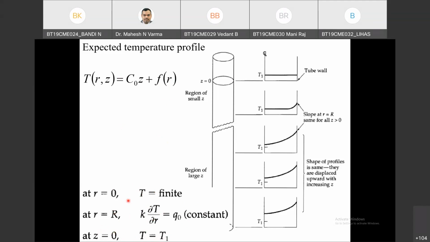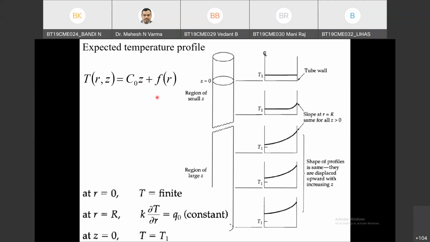Because this is the expected temperature profile. I should get the boundary conditions from the expected temperature profile, or the boundary conditions will be satisfied by the expected temperature profile.